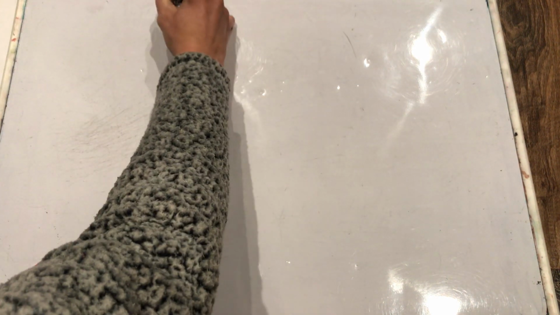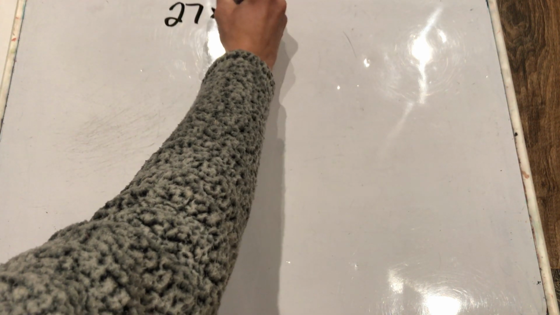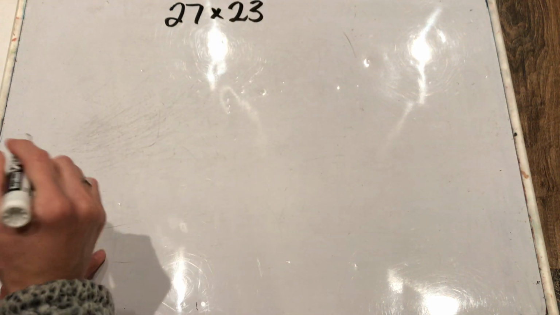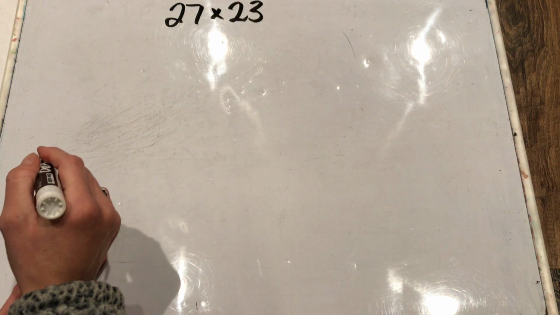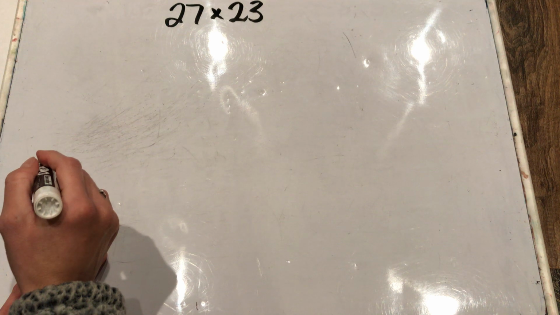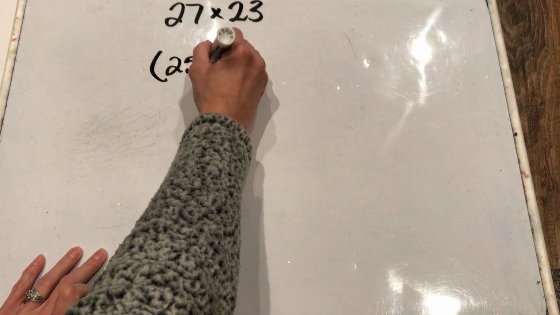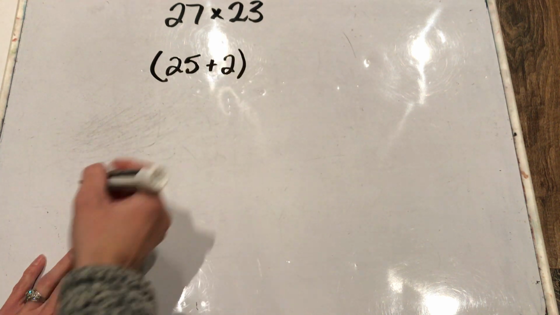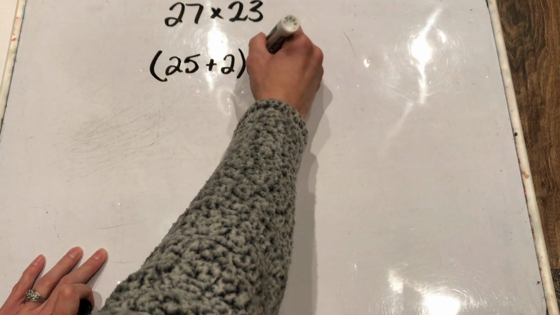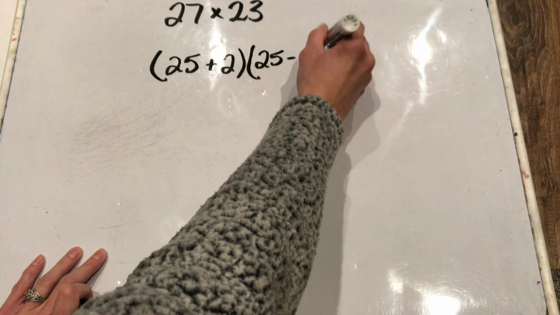So how would we figure out 27 times 23? Let's see. What if I think about 27 as 25 plus 2, and I think about 23 as 25 minus 2.